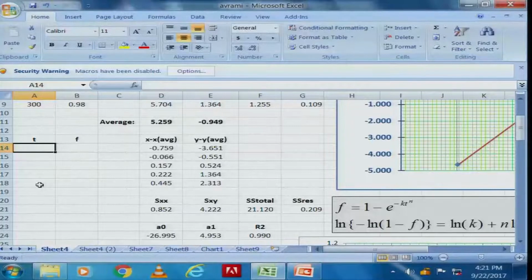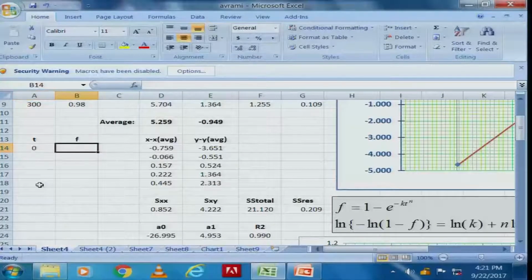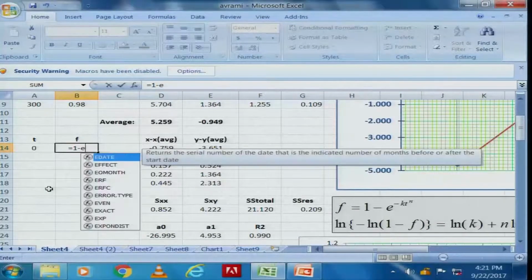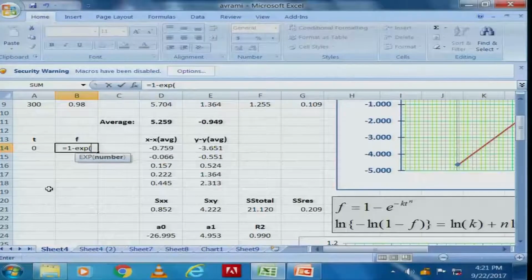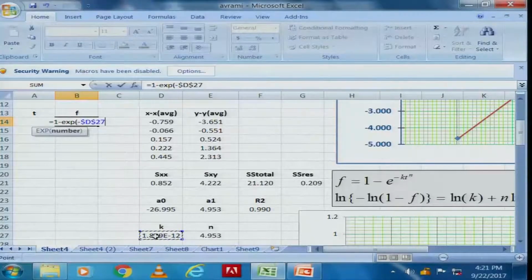Now, this time will start from 0 and the fraction transformed is simply the Avrami equation, 1 minus, and now I am going to use the parameters N and K that we have obtained. So, here I should put K, anchor it, multiplied by time, which is in cell A14.